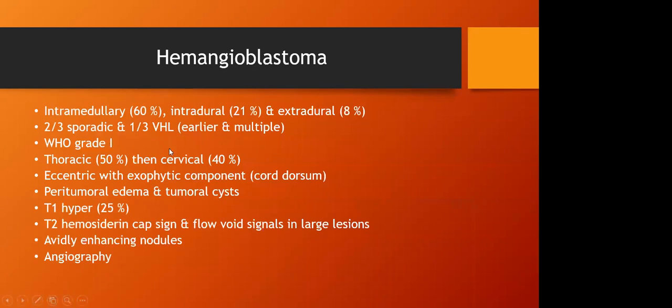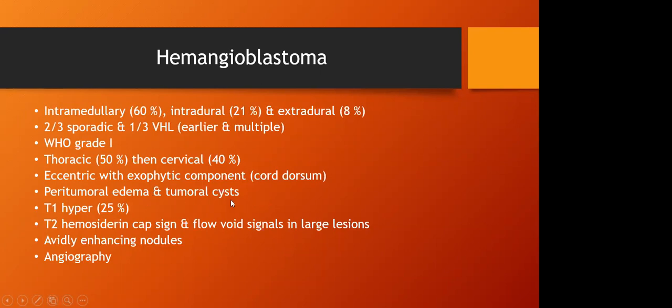And in these cases, the presentation is earlier and usually multiple tumors. WHO grade 1, most common site is thoracic, followed by the cervical. Location is eccentric in relation to the cord and could be associated with exophytic components, and these components are directed toward the cord dorsa.